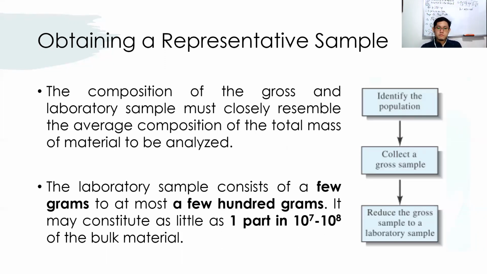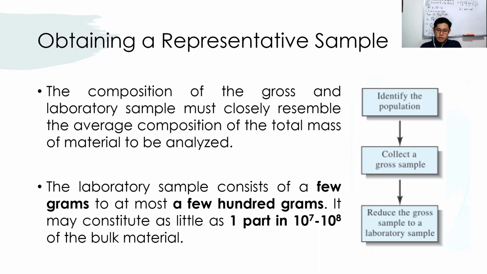So the composition of the gross and laboratory sample must closely resemble the average composition and total mass of the material to be analyzed. So aside from the earlier explanation na dapat ito ay nag-represent sa material, so dapat kapag nag-homogenize ka, most likely nire-represent pa rin niya yung average composition of the total mass.